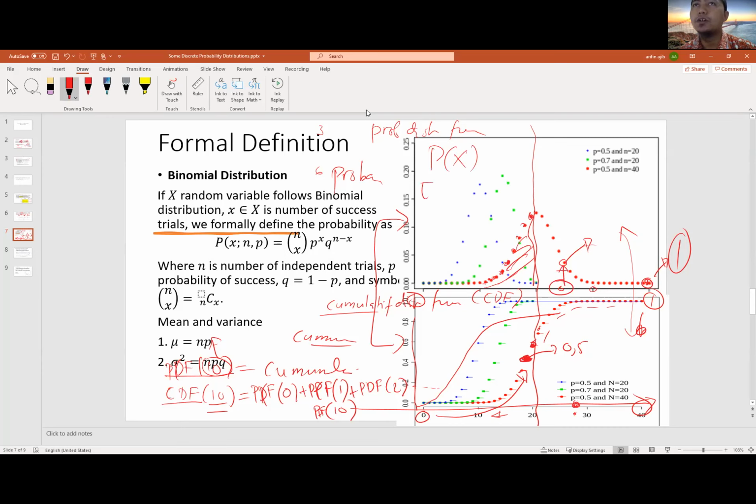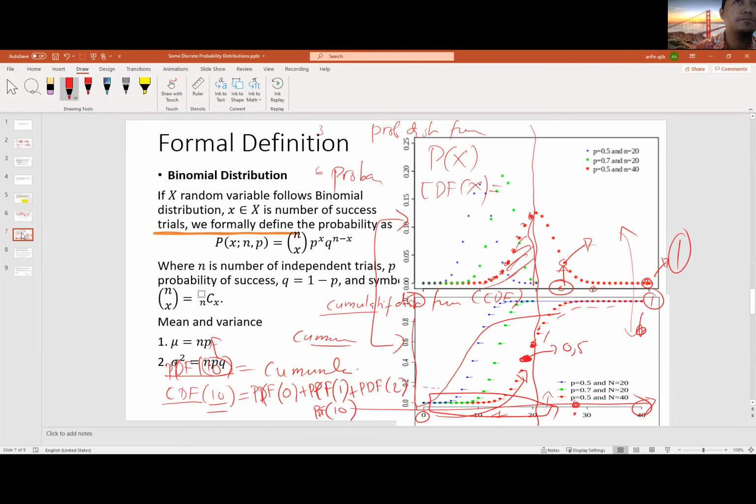But when we compute the CDF of X, we compute the probability of X and less than X, and then sum up together. That's the difference between the probability and cumulative. Okay? I hope it is clear.